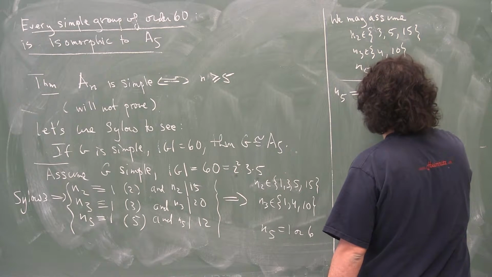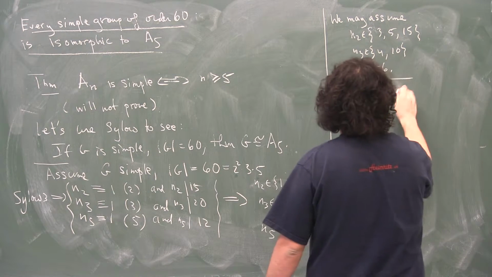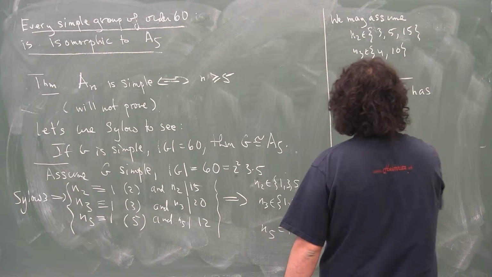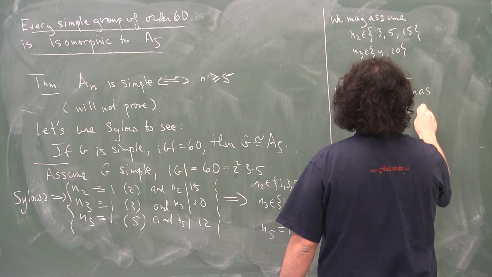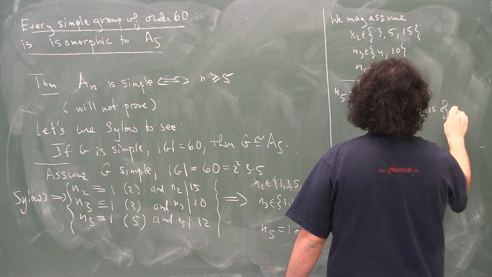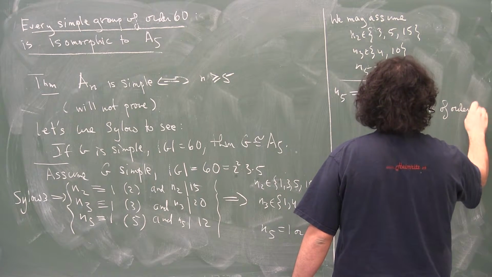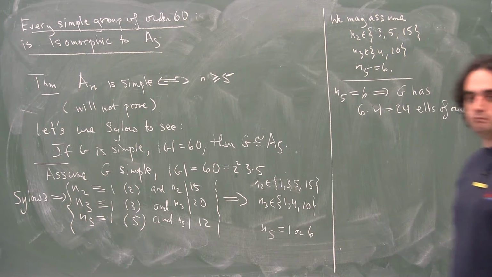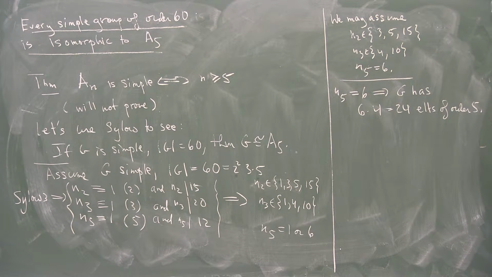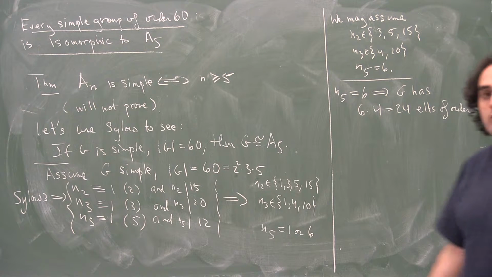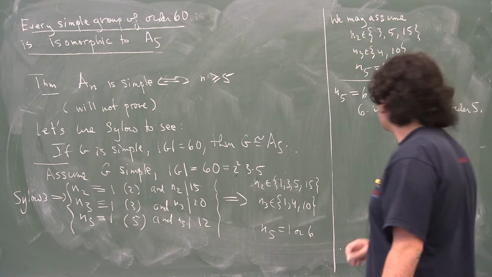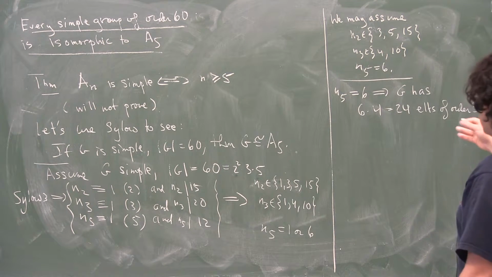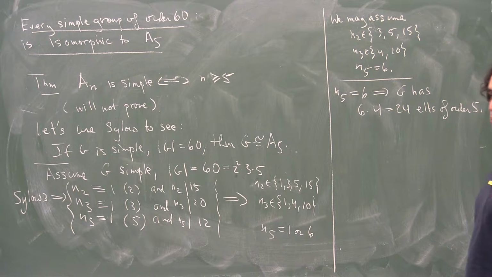So this implies that G has 6 times 4 equals 24 elements of order 5. Okay? And in fact, it has exactly that number. It cannot have more because every element of order 5 is necessarily contained in a 5-Sylow.